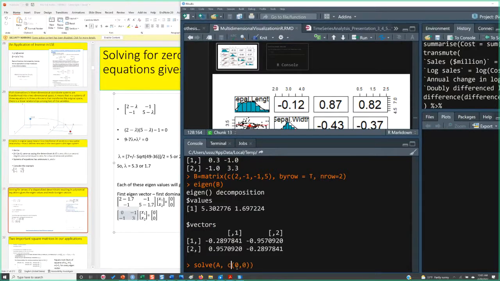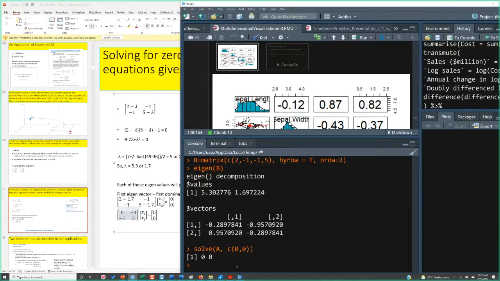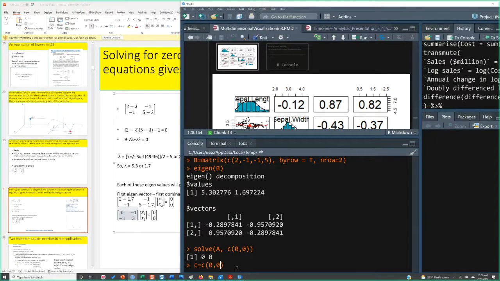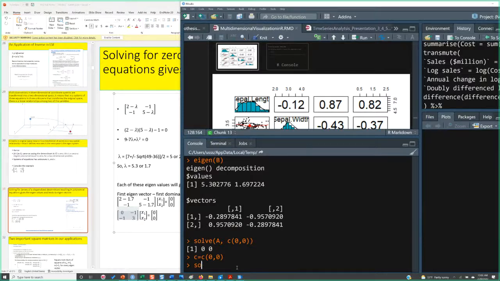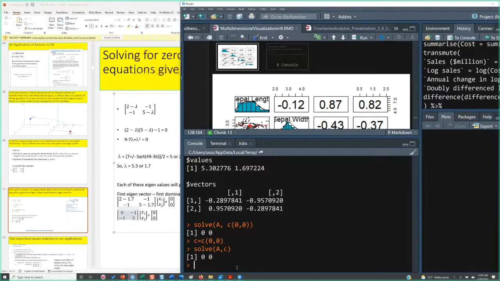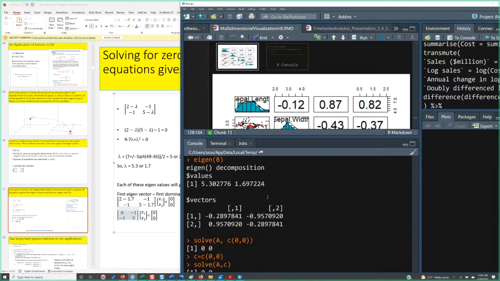I'm going to put it as C like this. Solve A. Let's call it this way first. C is equal to 0, 0. Now I say solve A, C. What's going on here?